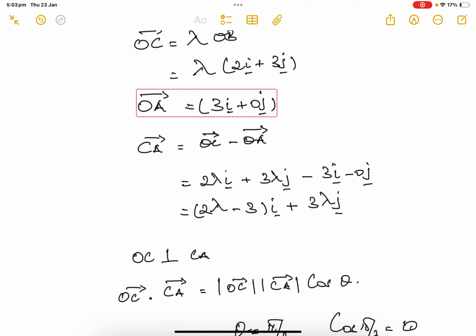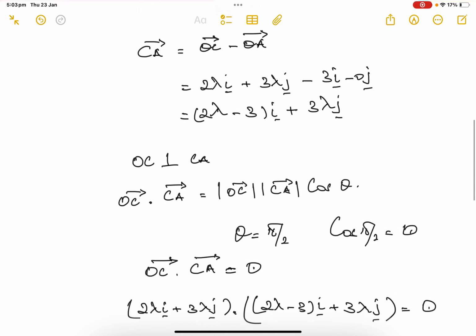Removing the bracket, 2 lambda i plus 3 lambda j, that's OC, minus OA, which is 3i, so minus 3i minus 0j. Collecting i and j together, 2 lambda minus 3 i plus 3 lambda j is the vector CA.